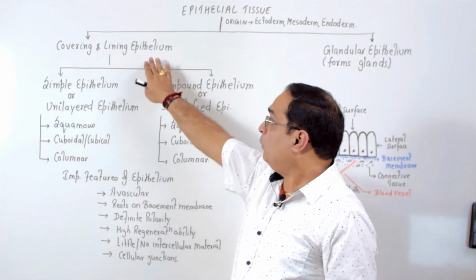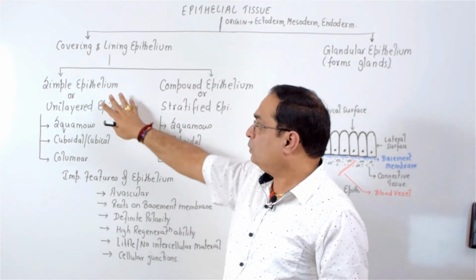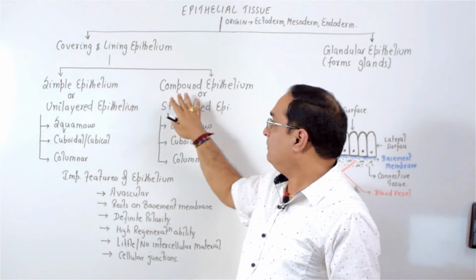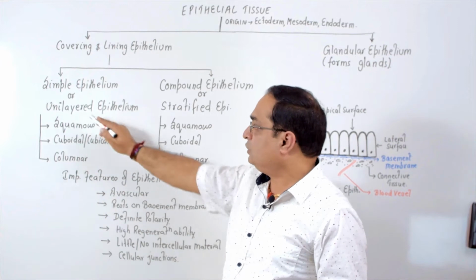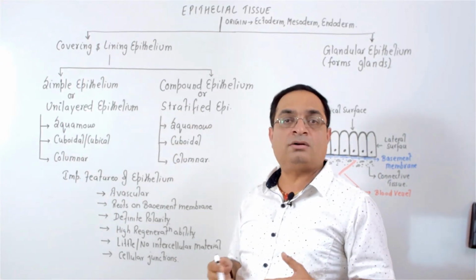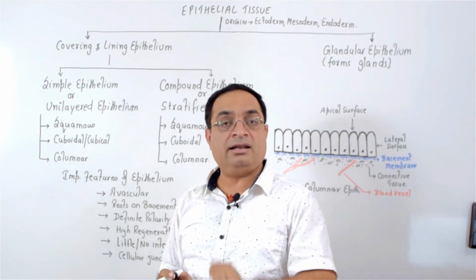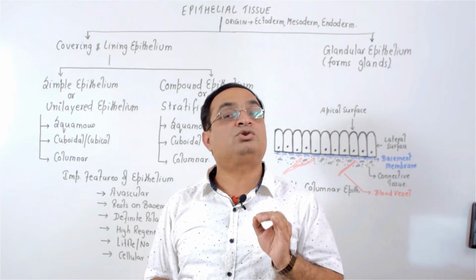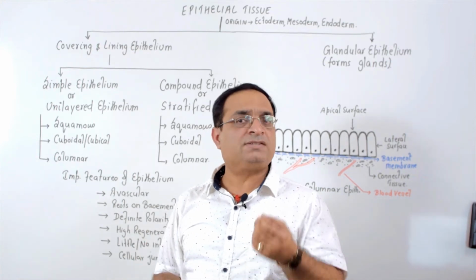Covering and lining epithelium is further divided into two categories, simple epithelium and compound epithelium. Simple epithelium is also called unilayered epithelium. Compound epithelium is multilayered or stratified. Now, when we say unilayered, that means it has a single layer of cells, and when we say stratified, that means it has multiple layers of cells. It's obvious.